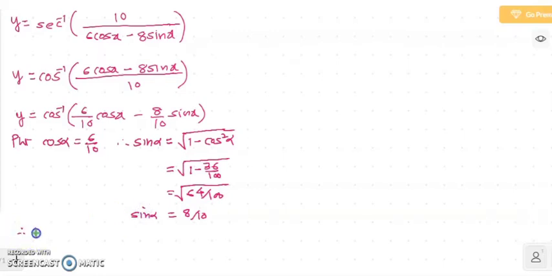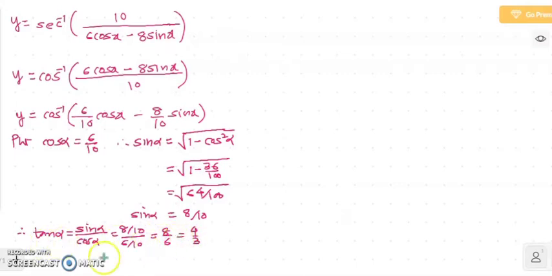Therefore tan alpha is found as sin alpha upon cos alpha, which is equal to sin alpha is 8 upon 10 divided by cos alpha is 6 upon 10, and if you cancel this 10 you'll get 8 upon 6, which is 4 upon 3.